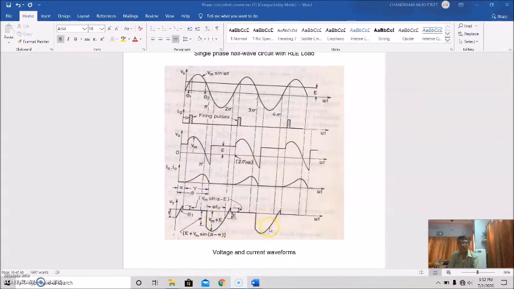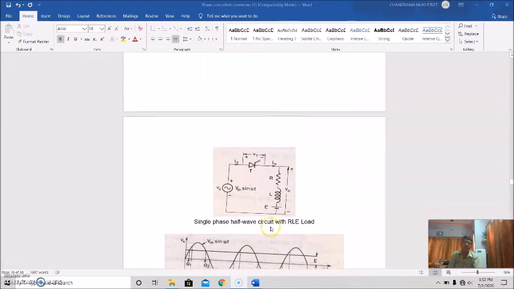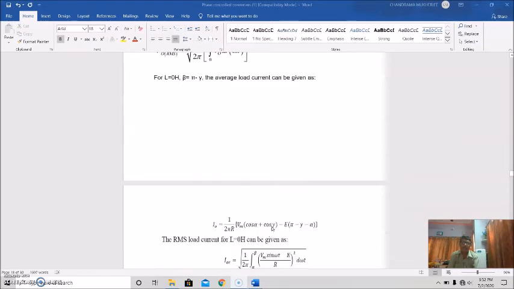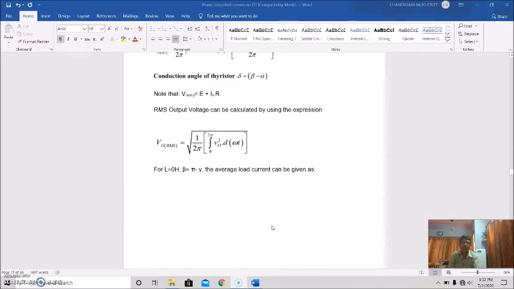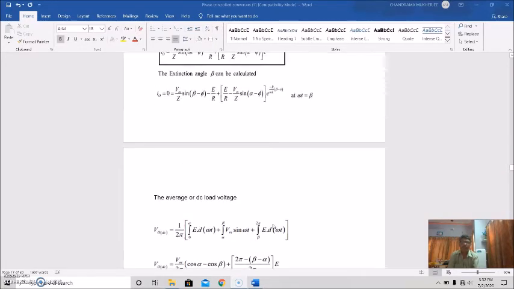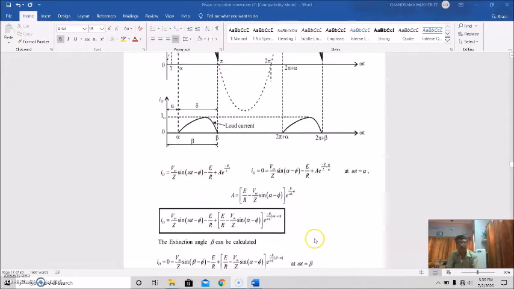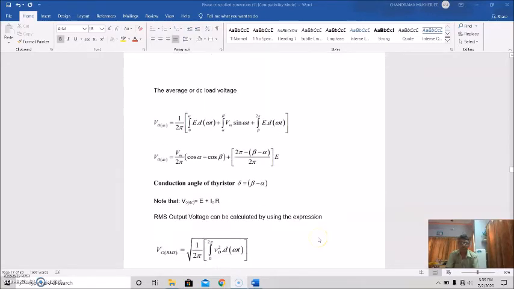Not only that, we have discussed the different parameters, current and voltage, the load current and its different positions with the value of omega t, and how this waveform is generated, in support with the equations of output voltage, output current, thyristor voltage, etc.